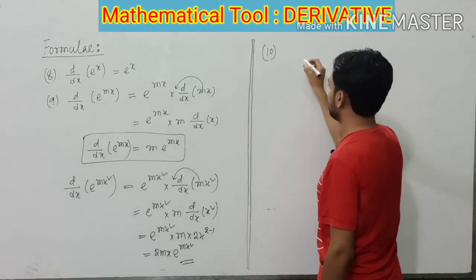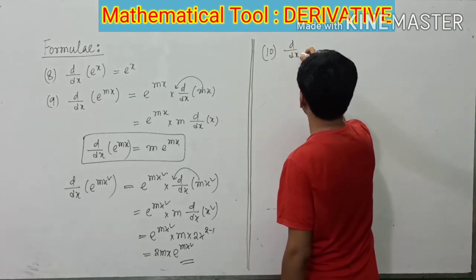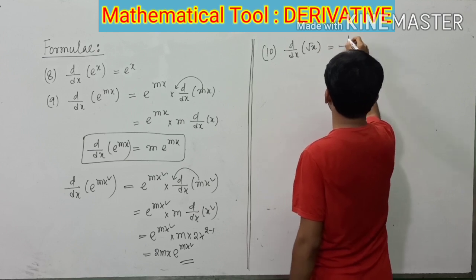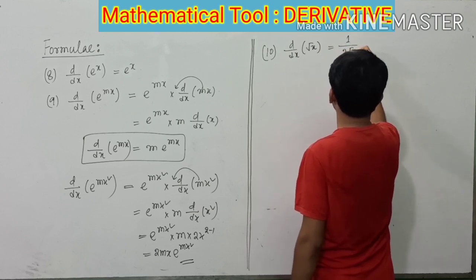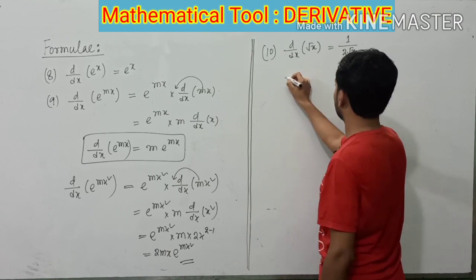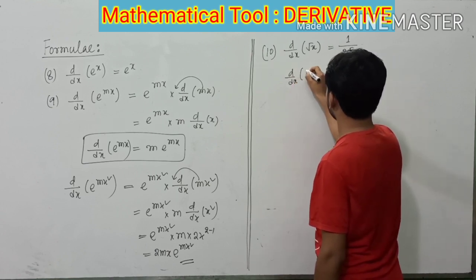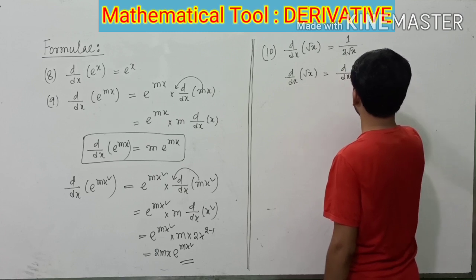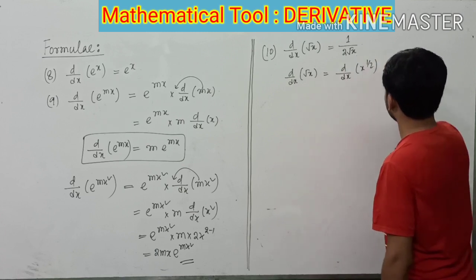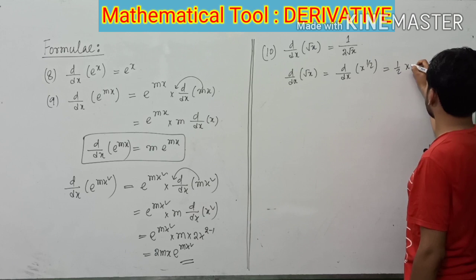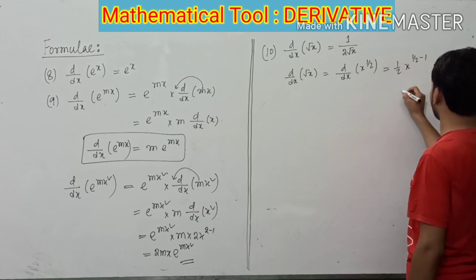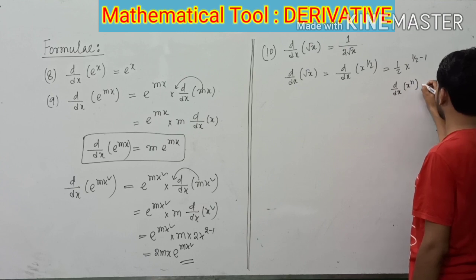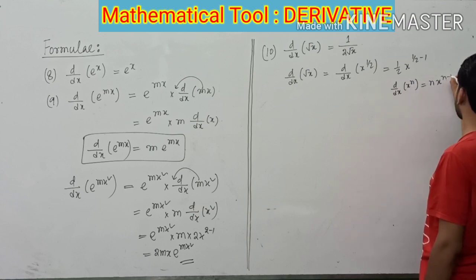Number 10, d/dx of root x is equal to 1 by 2 root x. This one can be proved easily. d/dx of root x can be written as d/dx of x to the power half is equal to half into x to the power half minus 1. What formula I have used here? d/dx of x to the power n is equal to n into x to the power n minus 1.